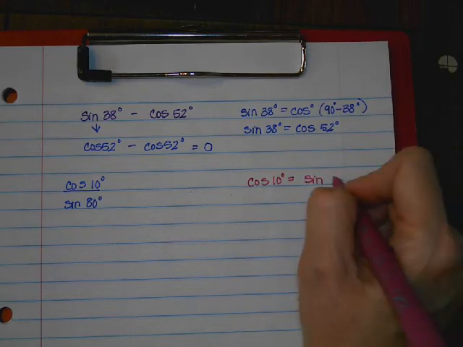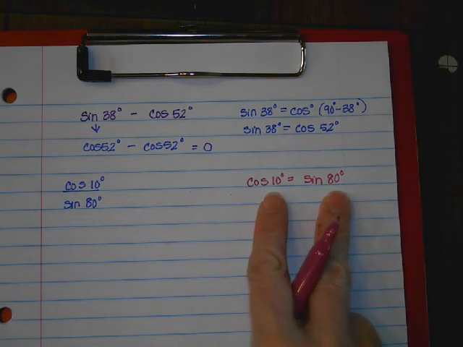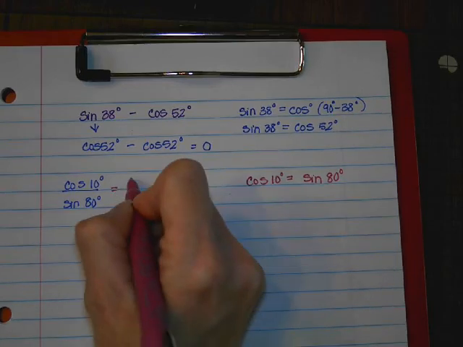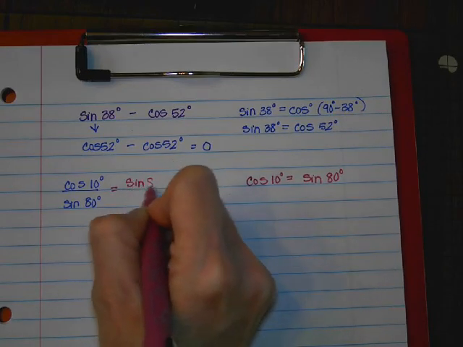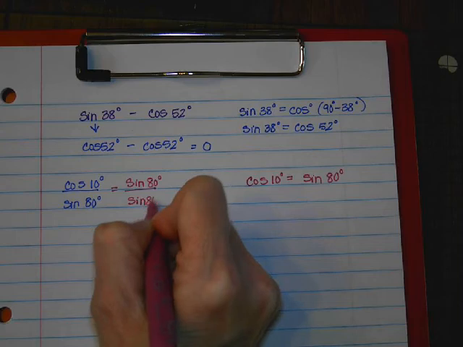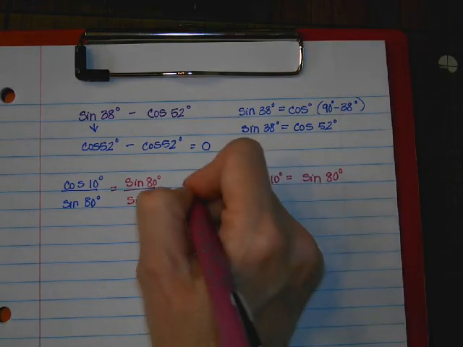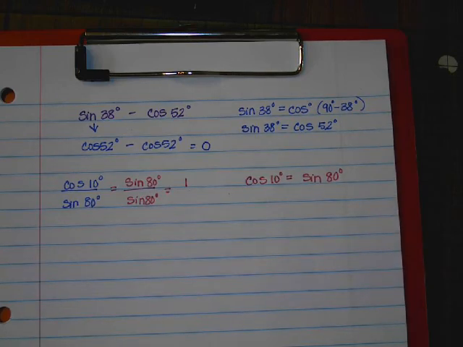That is right, 80 degrees, because 80 plus 10 is 90. These are complementary angles. So I'm going to replace this with the sine of 80 degrees over the sine of 80 degrees. What's anything divided by itself? That's right, 1. And that would be our answer.